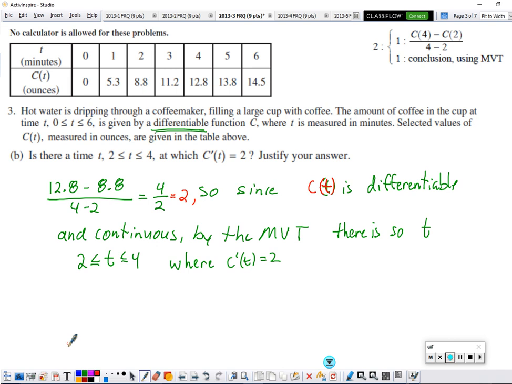So you have to say something about C is differentiable, that says right here. So C is therefore continuous. And the mean value theorem will then guarantee that between t equal 2 and t equal 4, there's some t value where the instantaneous rate of change of C will be 2. You almost have to write word for word what I've written to get the point.